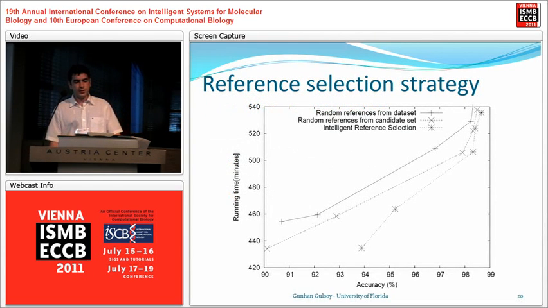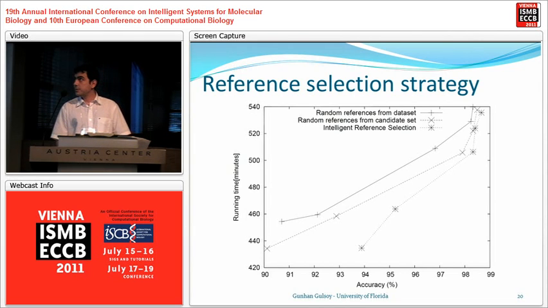In this experiment, we wanted to measure how our reference selection strategies change the performance of reference-based indexing. As you see here, I think I'm running out of time, so I'll pick up speed. As you see here, as we put more effort on picking references, our performance monotonically increases in reference-based indexing.